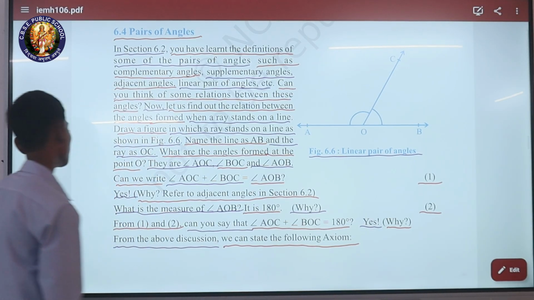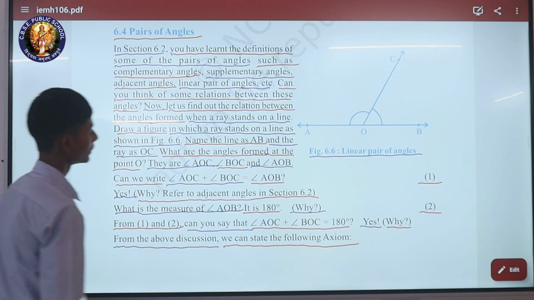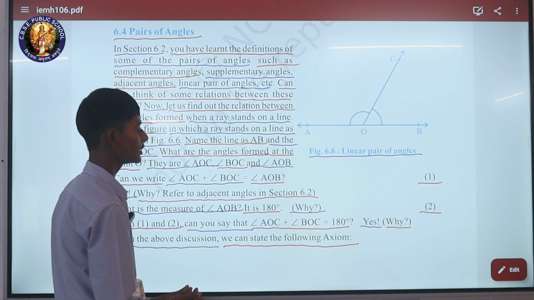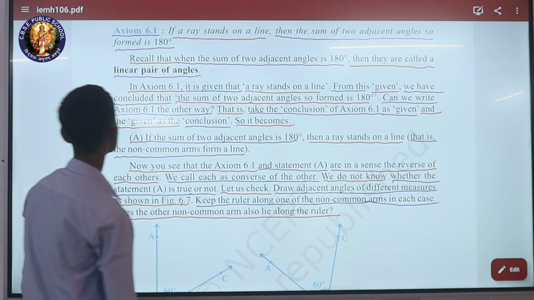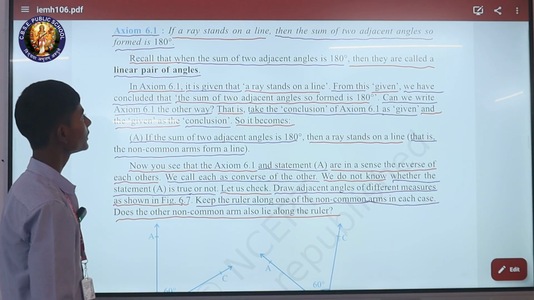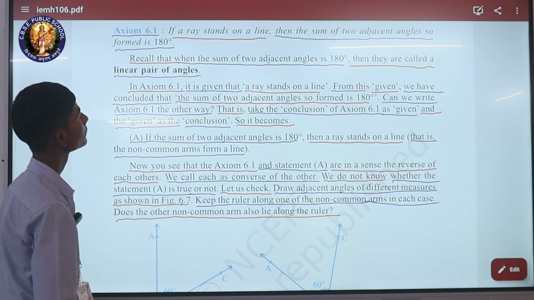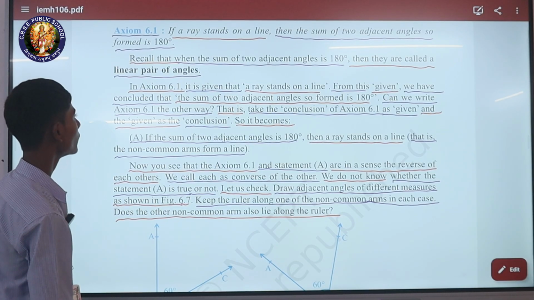Yes. Why? From the above discussion, we can state the following axiom. Axiom 6.1: If a ray stands on a line, then the sum of two adjacent angles so formed is 180 degrees.